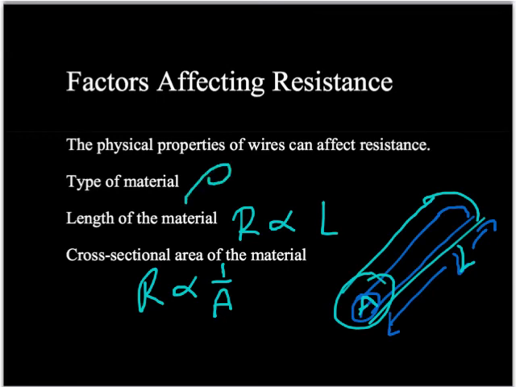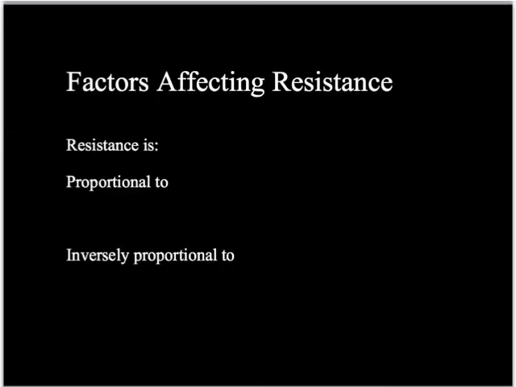And the type of the material, which is something called resistivity, is a value that's dependent on the material. So copper and gold are two different metals and they have two different resistivities. In other words, one will conduct better than the other one.